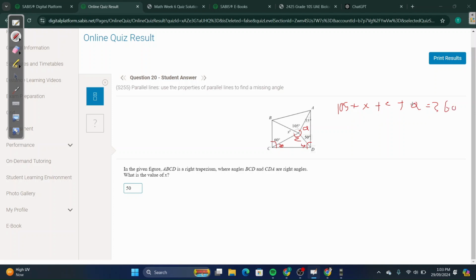For z we can find it easily. To get z equals 180 minus 40 plus 30. Z equals 180 minus 70. Z is 110.